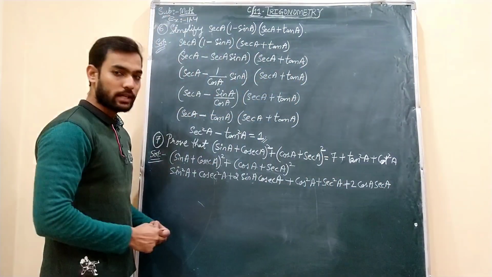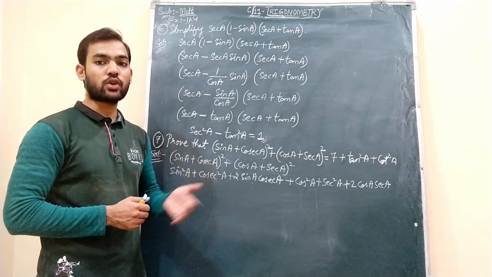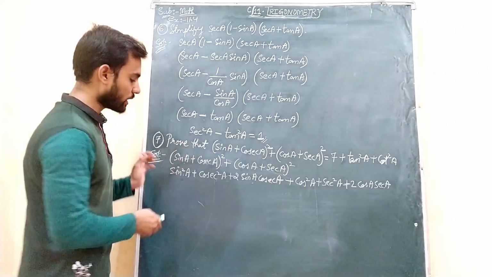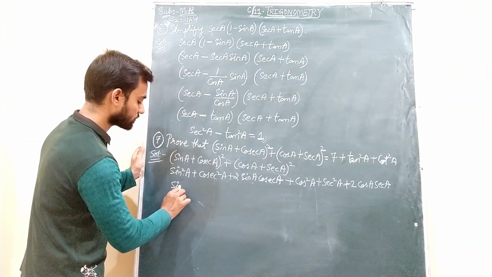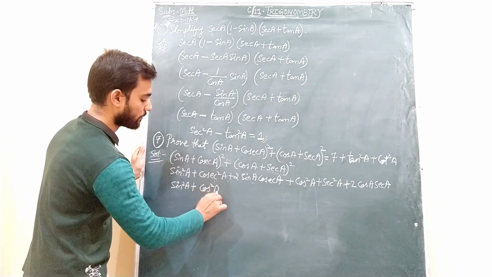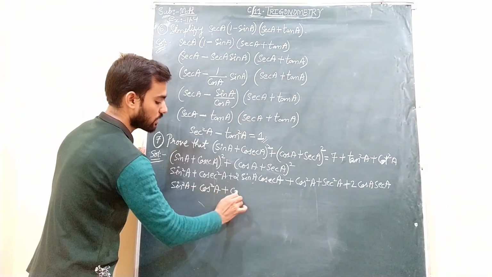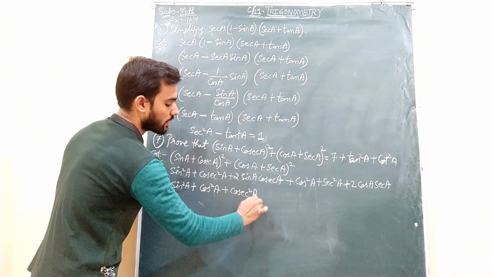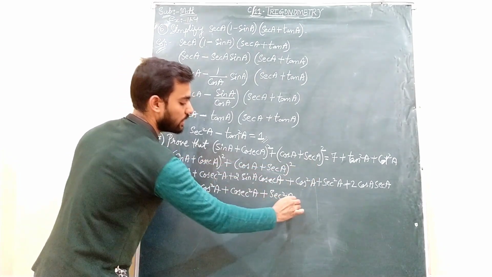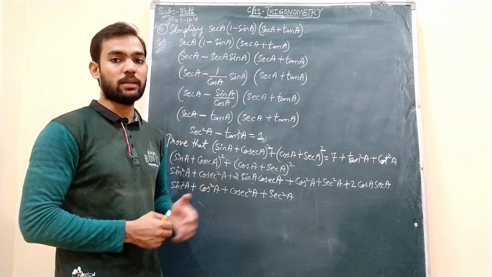Okay students, so in next step, sine square A, our first identity says that sine square A plus cos square A is 1. Here we have sine square A, here we have cos square A. So we will bring them all together. Sine square A plus cos square A. This and this I have written first, then I will write this plus cosecant square A plus that secant square A. All squaring terms I have written, and sine square A, cos square A I have written all together because as per first identity it will become 1.